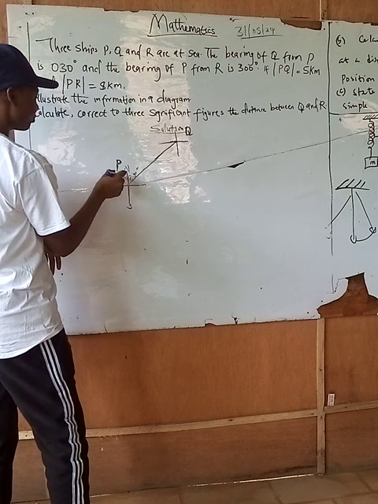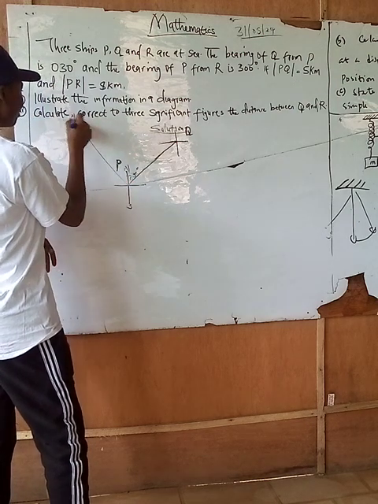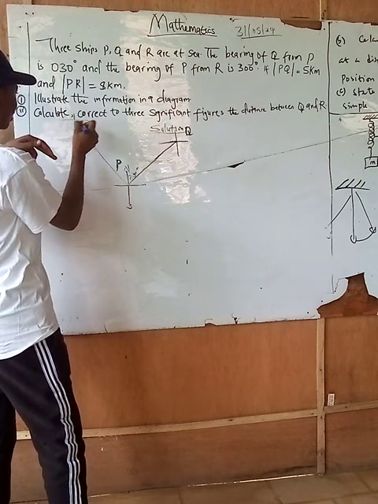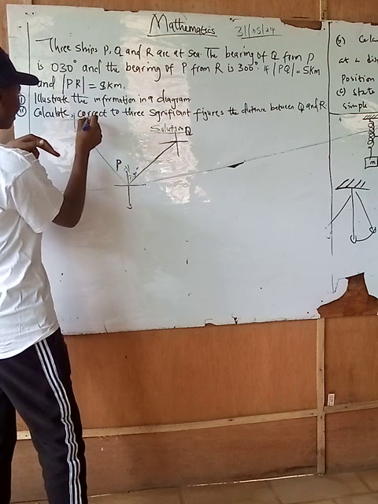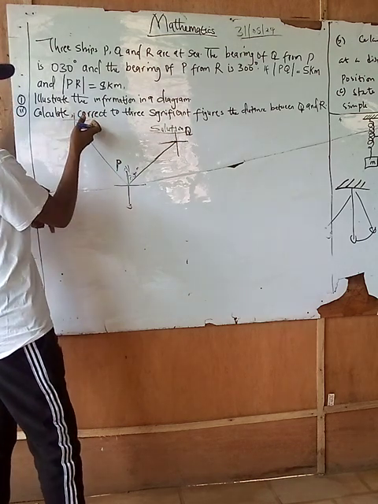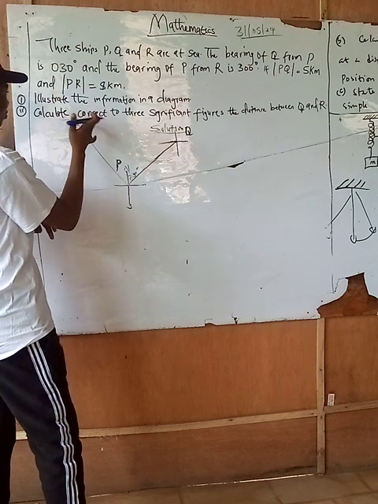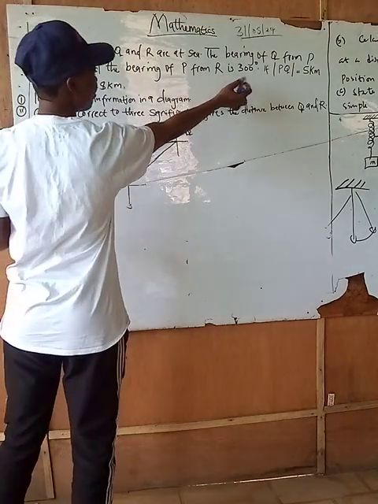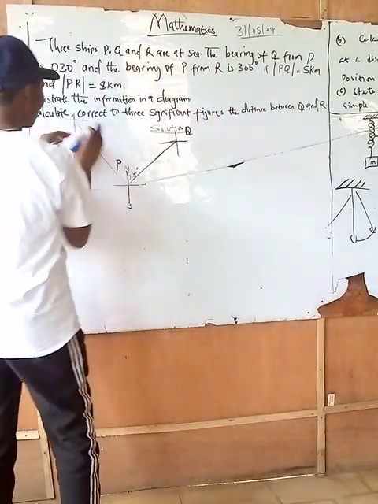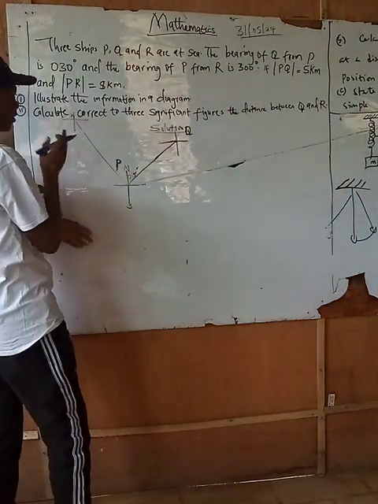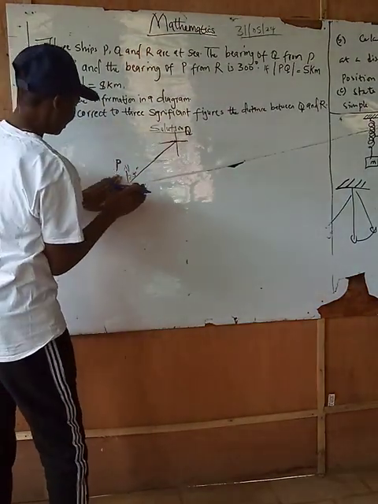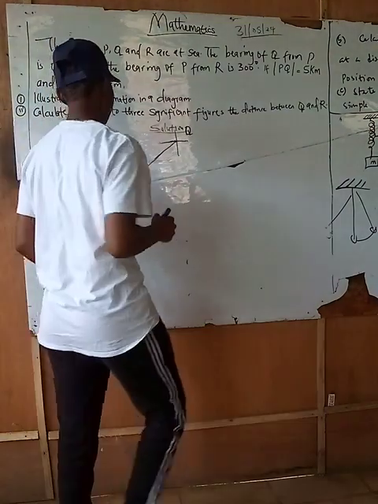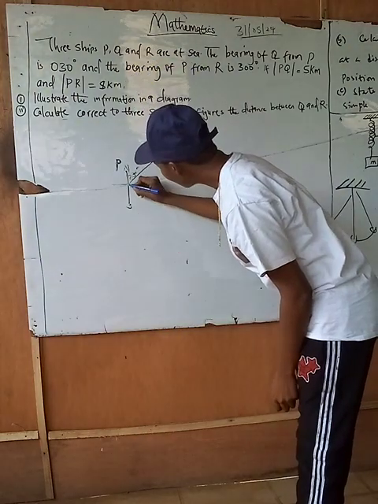If we take it from here, it will fall between 90 and 180, something like 160 to 165. But remember, our bearing is 300. We are looking for 300 here. So automatically we cannot take it from this direction. So now let's try to take it from here. If we try to take it from here, we have something.